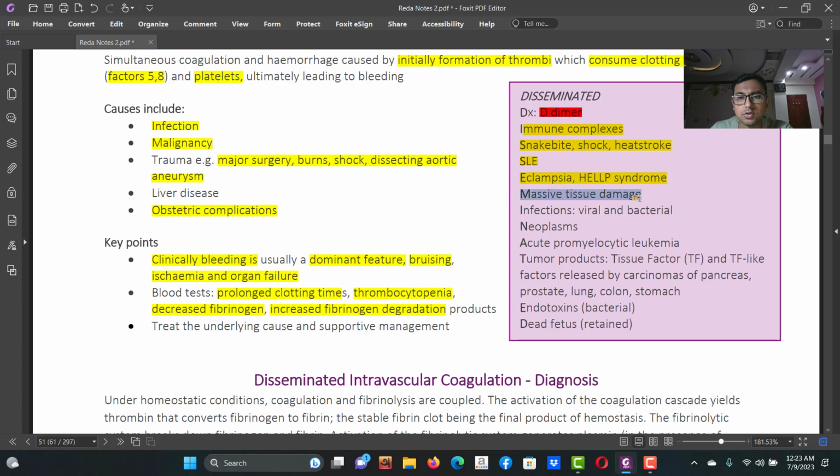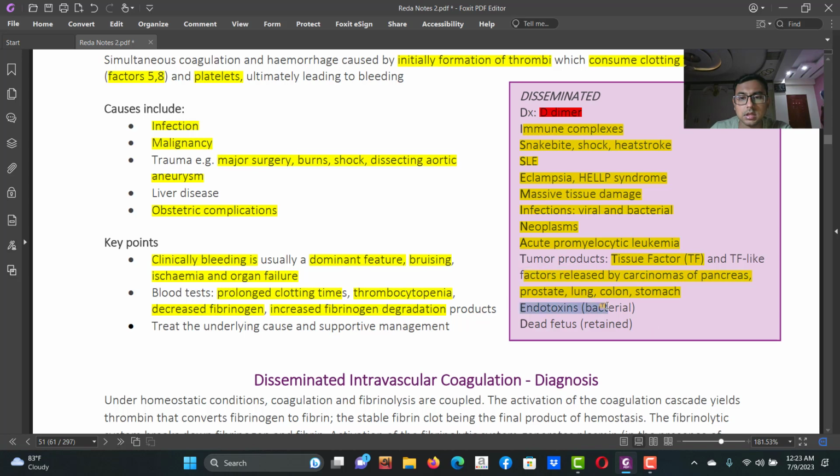Massive tissue injury: in case of extensive surgery or long bone fracture, it may cause massive tissue hemorrhage. Infection, viral or bacterial, neoplasms and acute myeloid leukemia. I already told you that in malignancy, lymphoma and leukemia are involved. Also tissue factor and similar factors released by carcinoma of the pancreas, prostate, lung, colon and stomach.